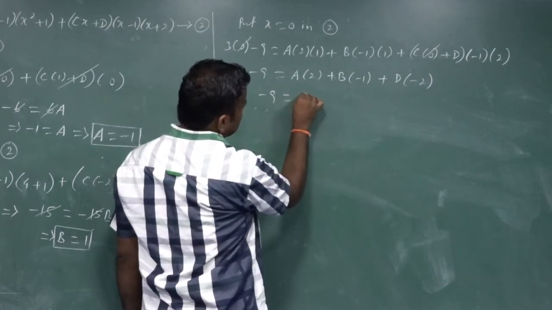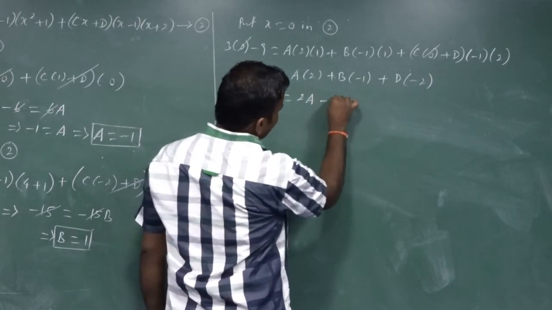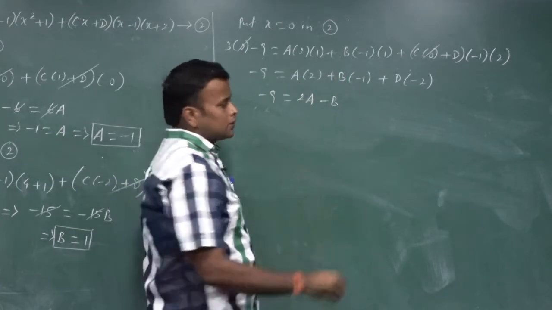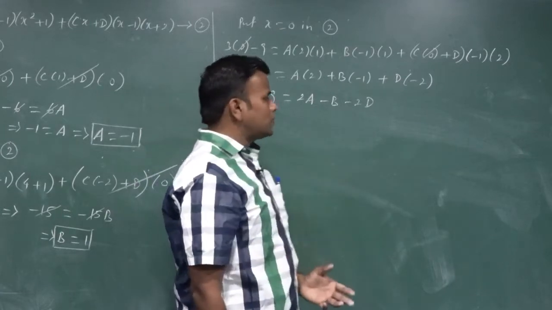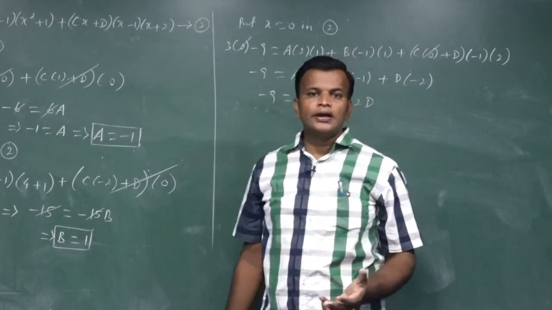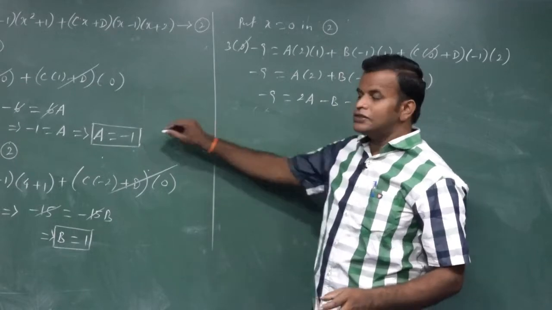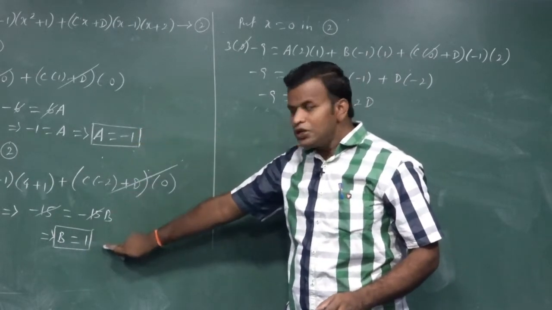So minus 9 is equal to 2a minus b minus 2d. Now we substitute the values of a and b. We already found the value of a and b. The value of a is minus 1 and the value of b is 1.